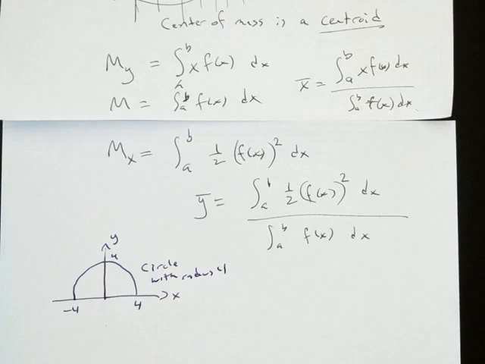So I want to balance this. Before I do any calculus, I need an x value to balance this. I need a y value to balance this. Where do you think the x value should be to balance this? I think it is 0. That makes sense, right? It's the same on the left as it is on the right. So if I'm lucky, x bar should be 0.